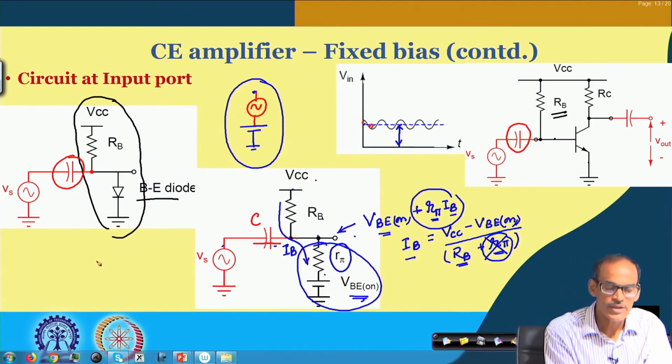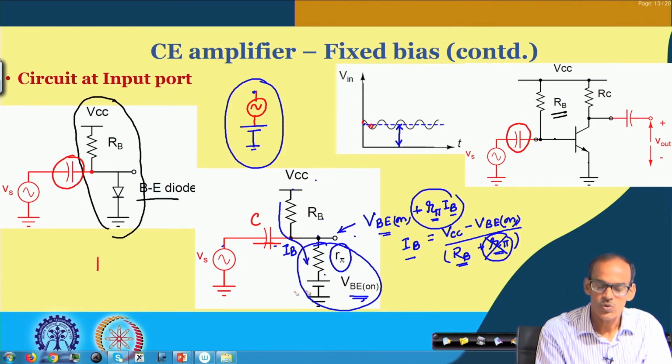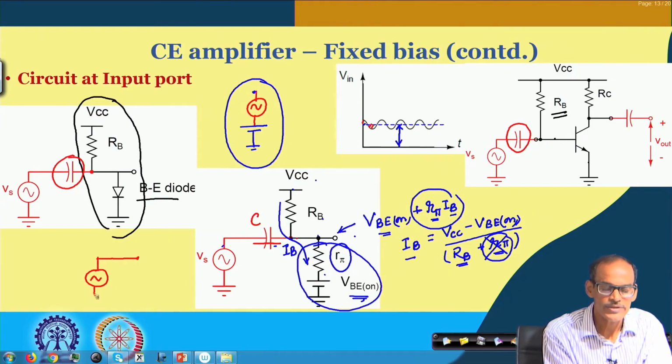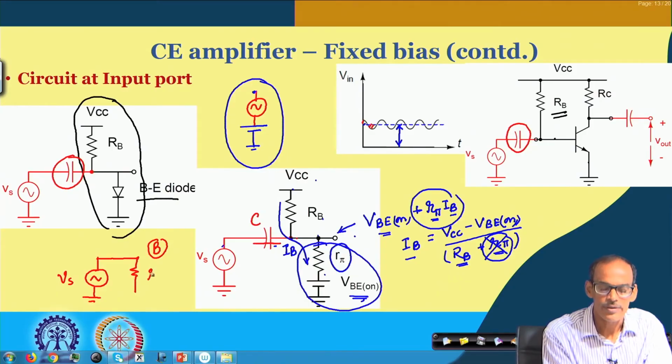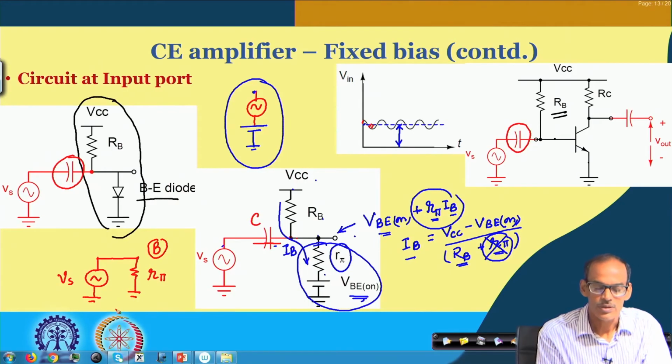Just now what I said is that this is the total circuit, and for the small signal, on the other hand, at the base we have only the VS coming there, and then this is the base node, and at the base node we will have the corresponding R pi, which is connected to ground.